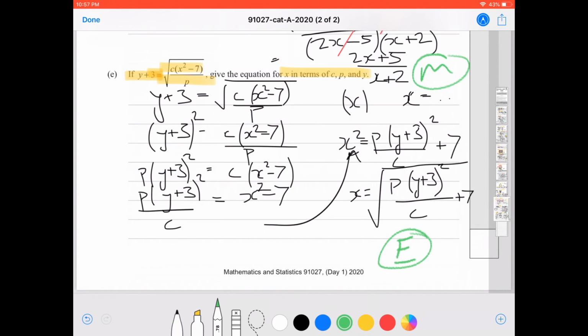So the earliest merit you could get is the square root and the p and the c. So here is probably your merit. And achieved, rearranging the square root is your earliest achieved, so this step here, our first step. Sweet.